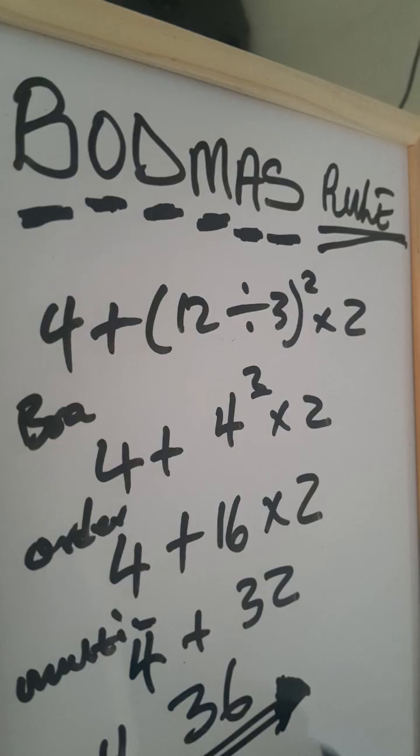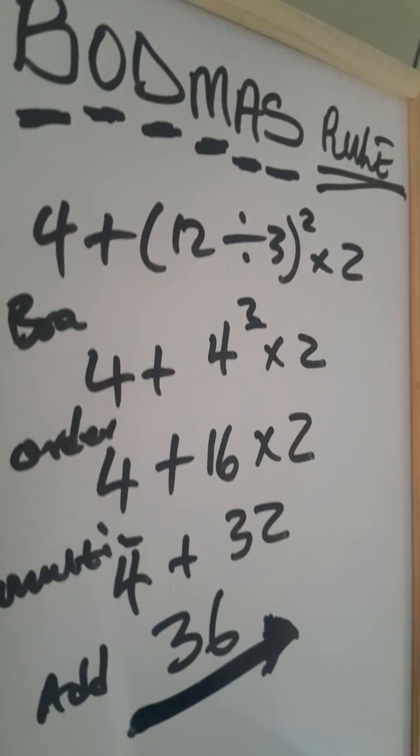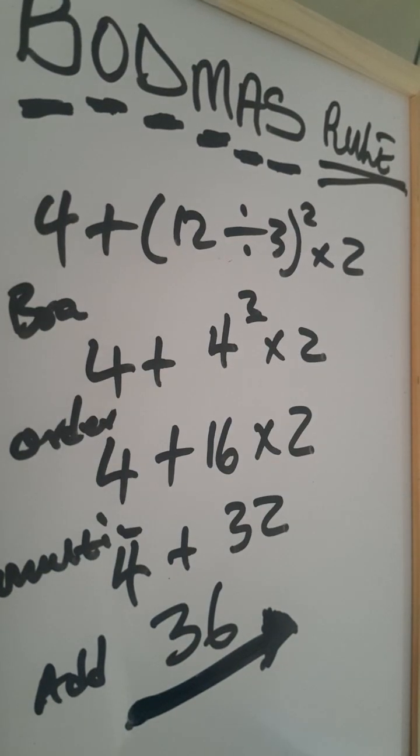So please, guys, let's learn the BODMAS rule. Let's teach our children how the BODMAS rule works and the meaning of the BODMAS rule, so that it is easier for them to understand. B stands for brackets, O stands for order, D stands for division, M stands for multiplication, A stands for addition, S stands for subtraction.